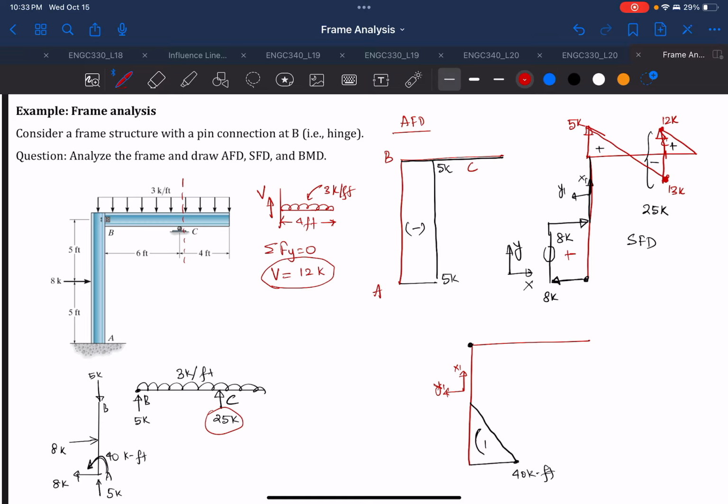So in this case, what you will see here is this load, UDL load, will try to apply a sagging. So this load in this region will be applying a sagging. So if it's applying a sagging, that means we know that the moment will be positive.